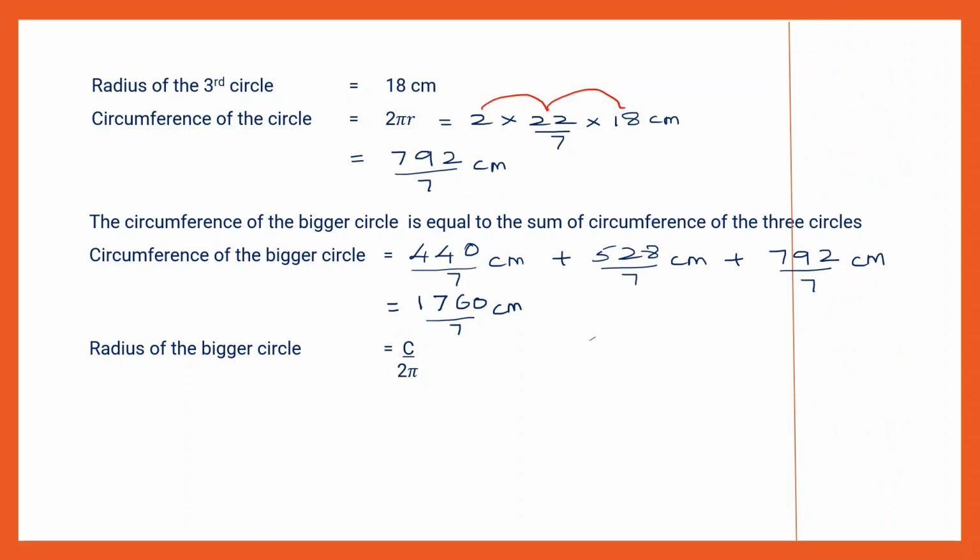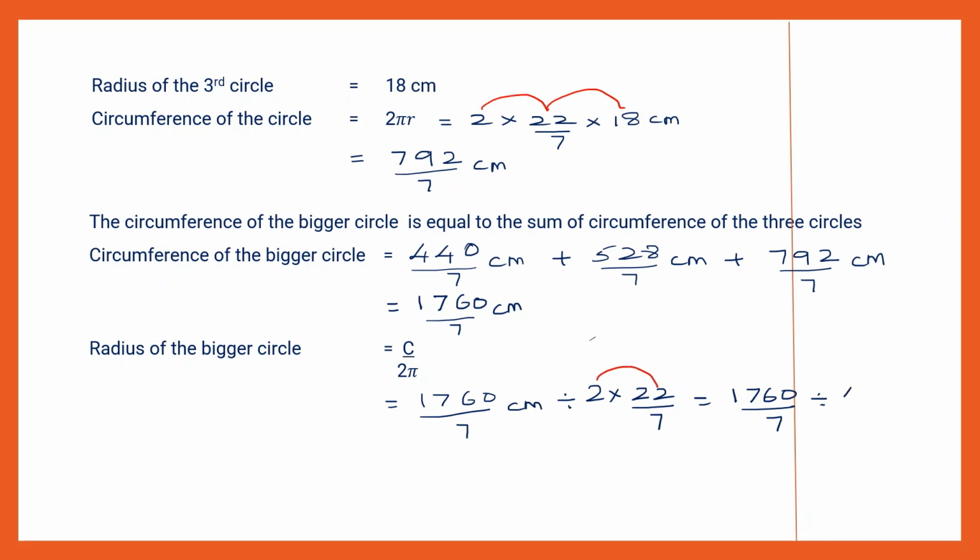Now we have to find the radius of this bigger circle. And for that, we're going to use this formula, circumference by 2 pi. So that is, we just found the circumference 1760 by 7 centimeters divided by 2 pi, divided by 2 into pi, and pi is 22 by 7, which is equal to 1760 by 7 divided by, now let's multiply 2 into 22.